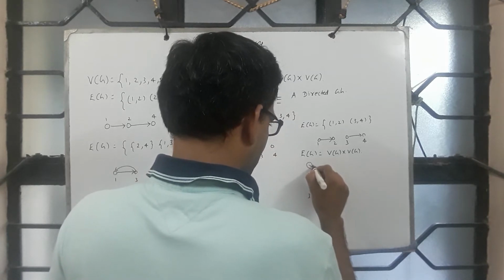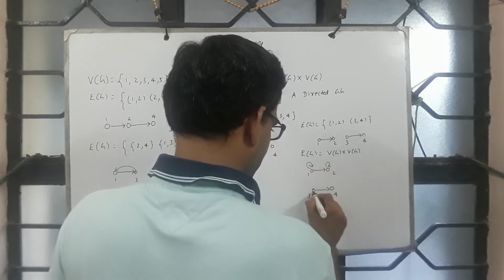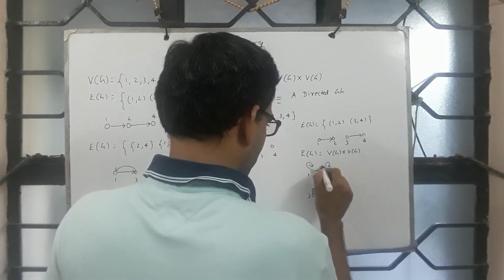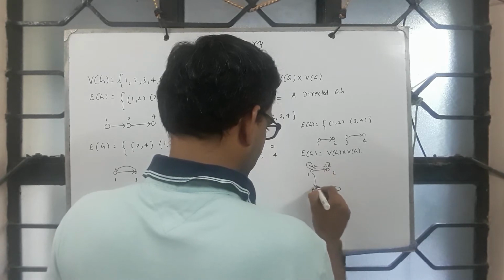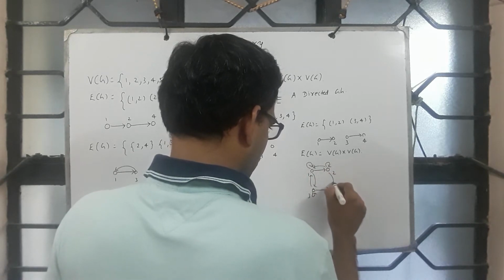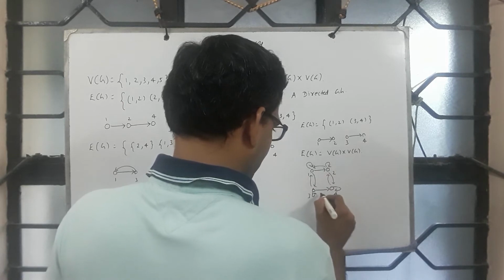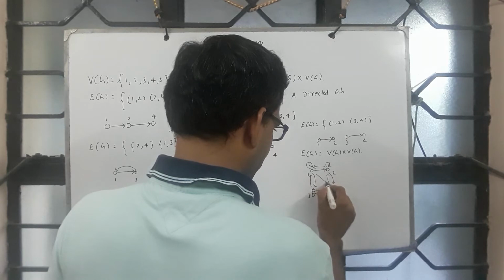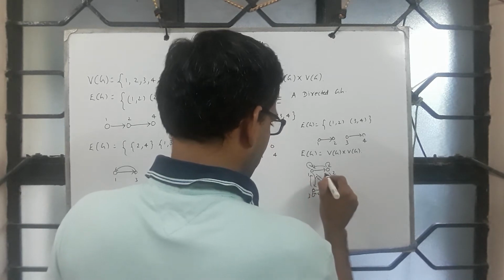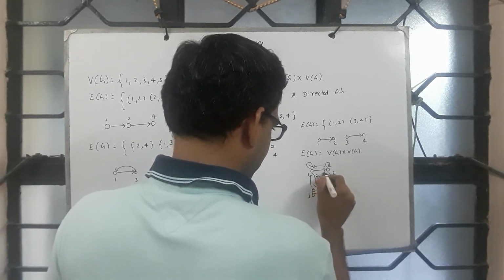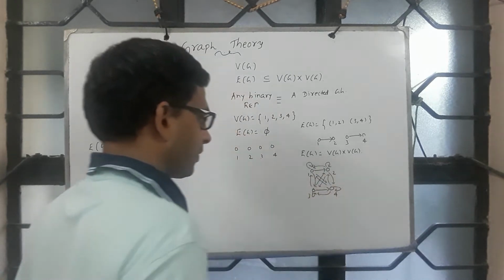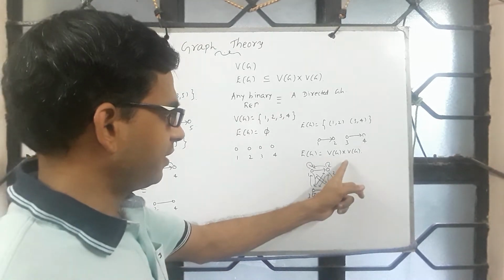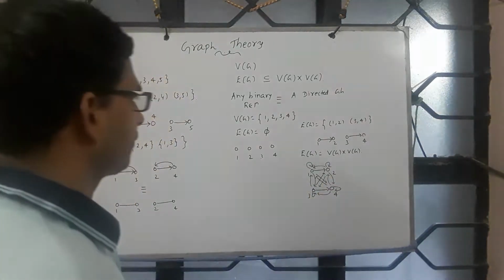You see that 1, 1 is present, 2, 2 is present, 3, 3 is present, 4, 4 is present, 1, 2 is present, 2, 1, 1, 3, 3, 1, 2, 4, 4, 2 and 3, 4, 4, 3. Similarly 1, 4, 4, 1 and 2, 3, 3, 2. So this graph represents precisely V of G cross V of G.